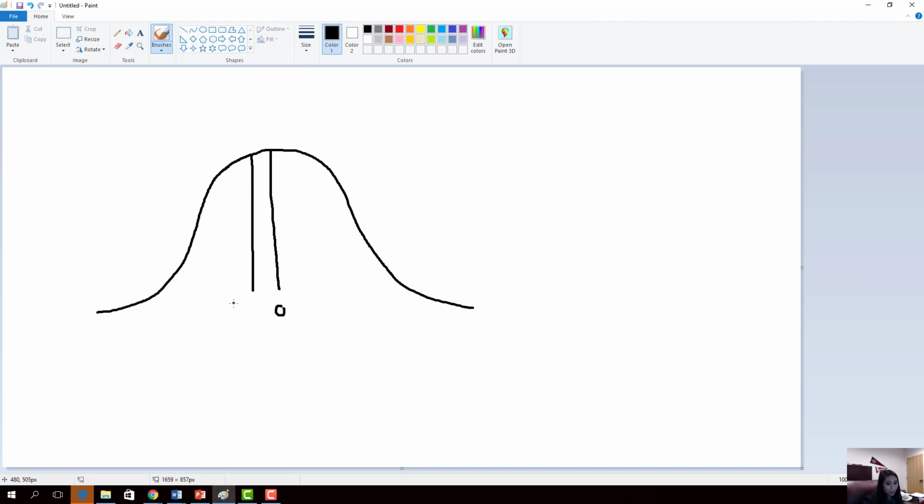There's our mean, and there's Babe Jr.'s z-score. And we want to know what percent of piggies weigh more than Babe Jr. So what we're interested in is this area here. What is this?